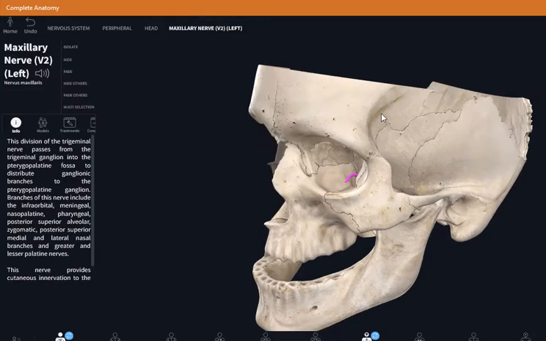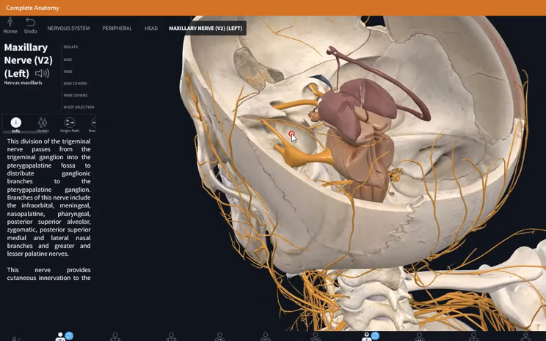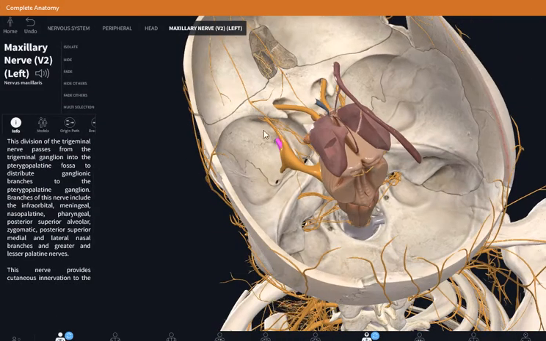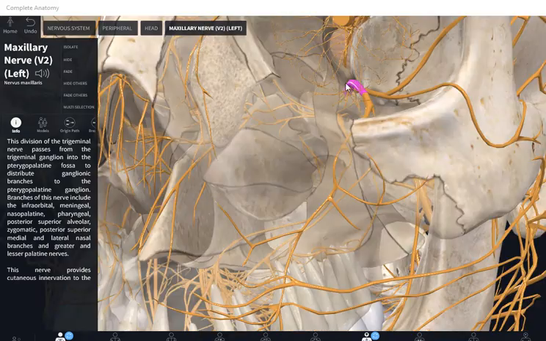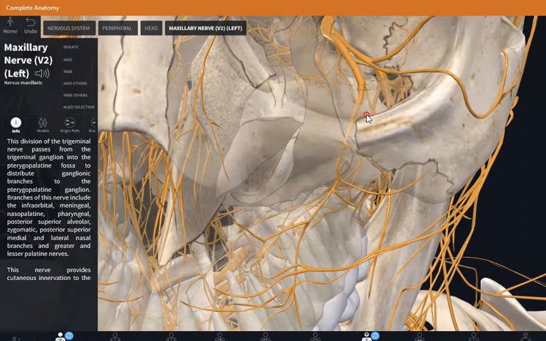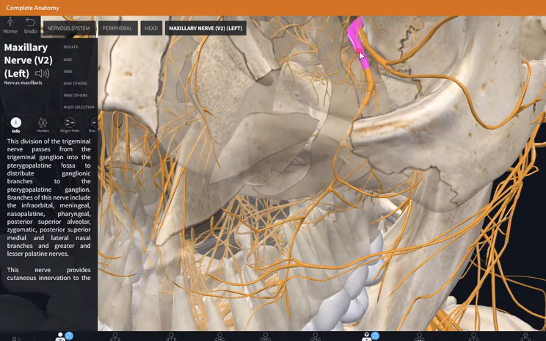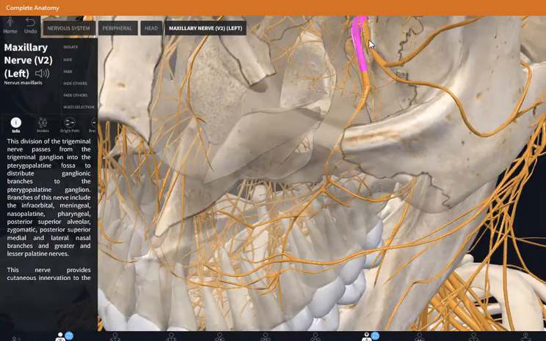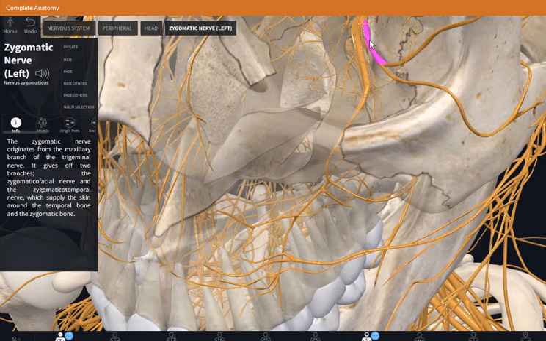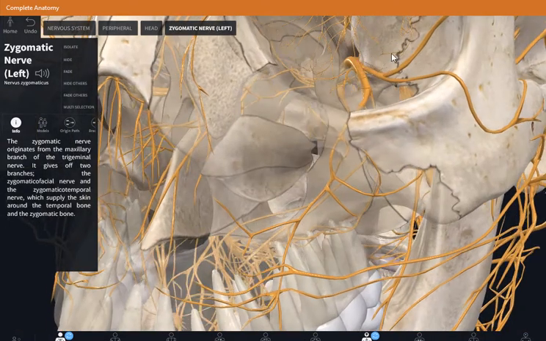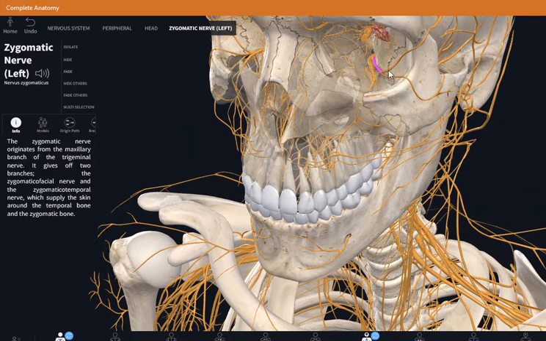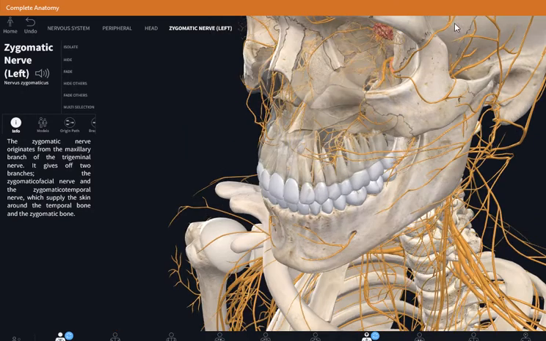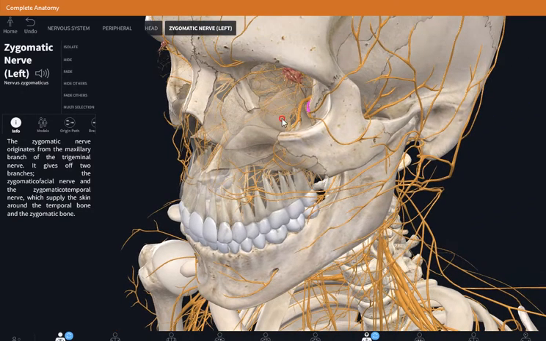So let's continue. This is the maxillary division of the trigeminal nerve here, which passes through the foramen rotundum. As it passes through, it's going to give these branches. You have the zygomatic nerve, which passes laterally to supply the scalp with the face.